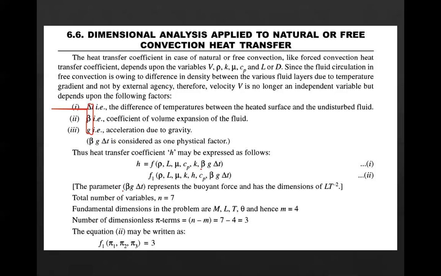The parameter beta g delta T represents the buoyancy force and has the dimension LT to the power minus 2. So we get 1, 2, 3, 4, 5, 6, and this is the 7th variable. The number of variables is 7 and n is 4, so the number of pi terms is 7 minus 4 equal to 3. So the function depends on pi 1, pi 2, and pi 3. Let's start.